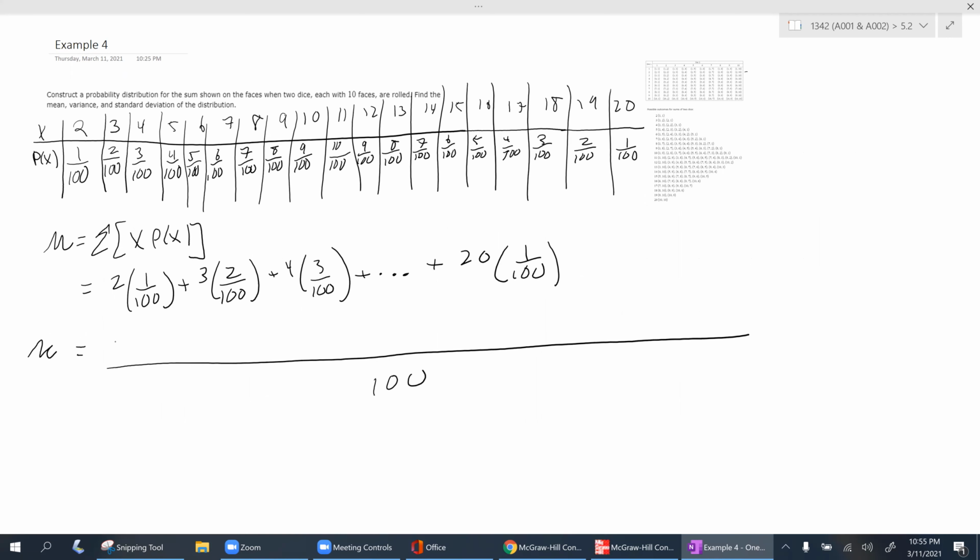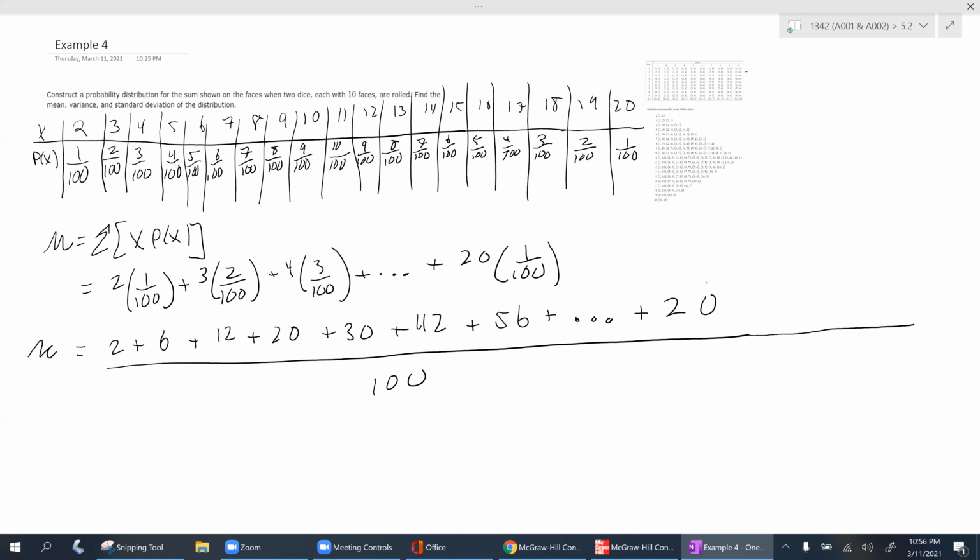So I know all of these are going to be over 100, so on the top I have 2 plus 6, you would find out, plus 12 plus 20 plus 30 plus 7 times 6, which is 42, plus 56, plus, you would go all the way to the last one, 20 times 1.